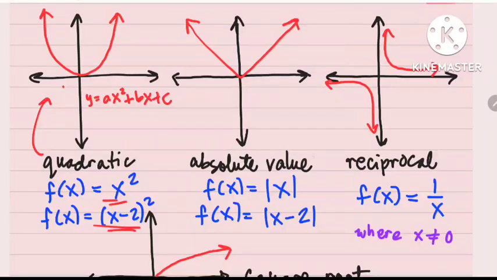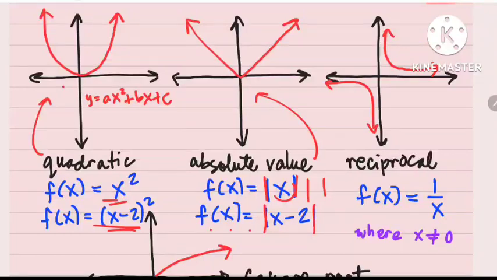While the V shape here is the graph of absolute value function. So when you see these two vertical lines with an expression inside, that means it is an absolute value function. So you read it, f of x is equal to the absolute value of x minus 2.